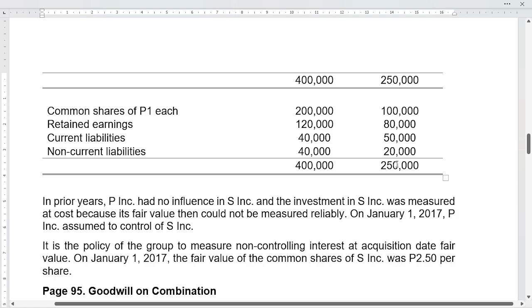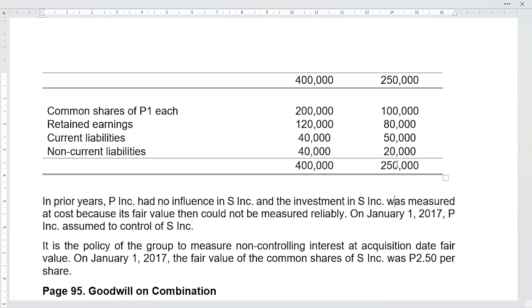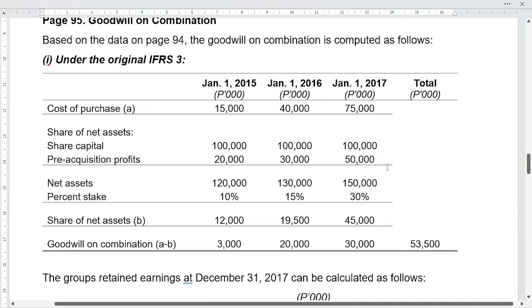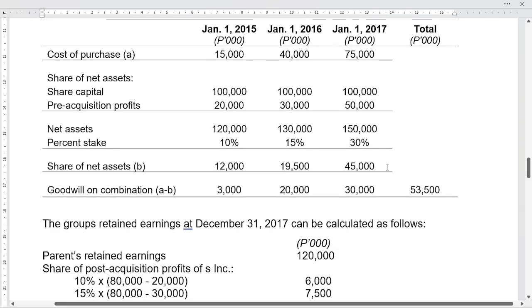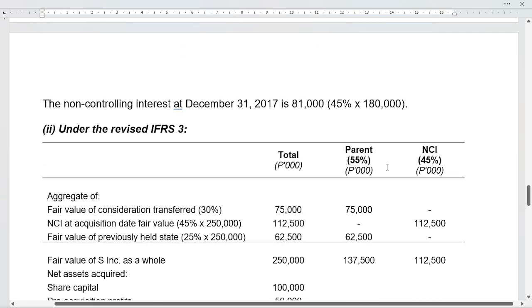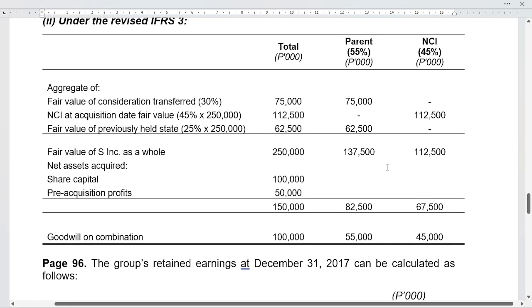Tapos, meron akong tanong sa iyo. Punta ka doon sa goodwill on combination. Yan. Ibaba mo pa, konti. Sige, baba pa. Teka, lumampas na ito.